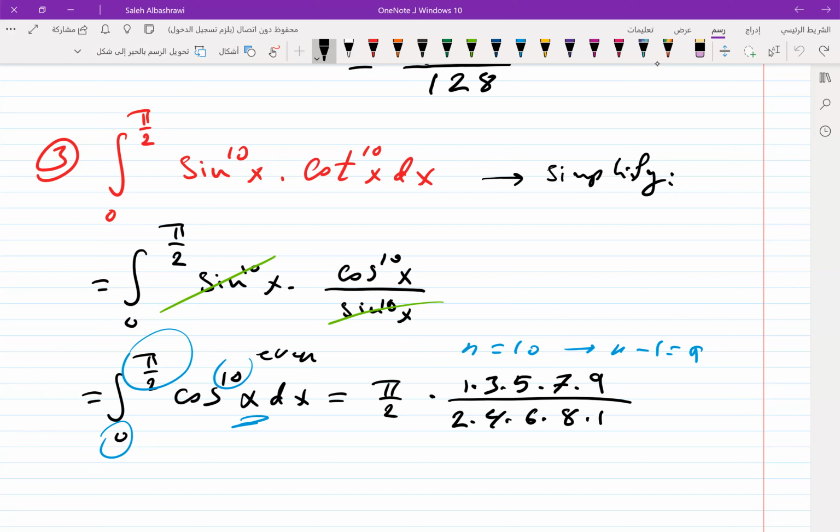I can simplify this one. I will remove 5 with 10. This will be 2. 3 with 6 will be 2, also there.